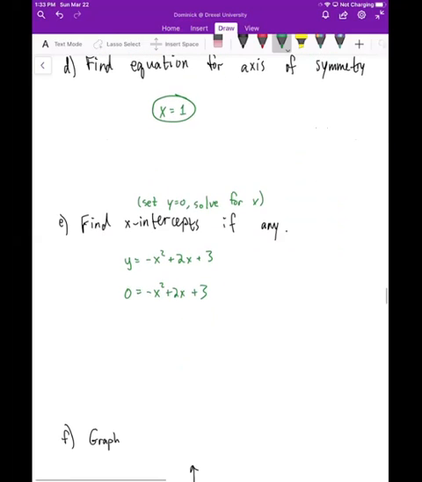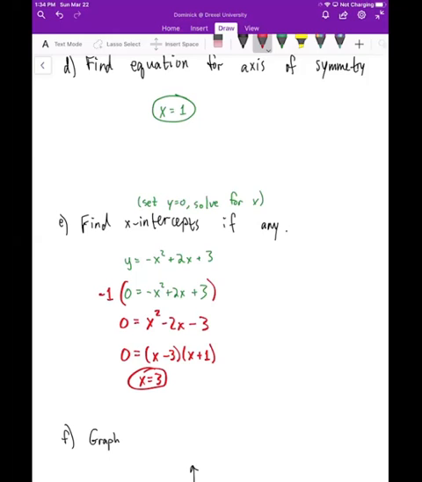Now that I have a 0 in there, we can multiply both sides by -1, so I can get my coefficient of x squared to just be +1. And I'll get 0 is equal to x squared minus 2x minus 3, which we can factor. So we get 0 is equal to (x minus 3) times (x plus 1). So we get that x is equal to 3 and x is equal to -1.